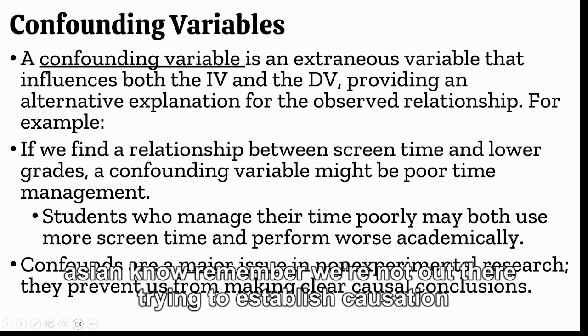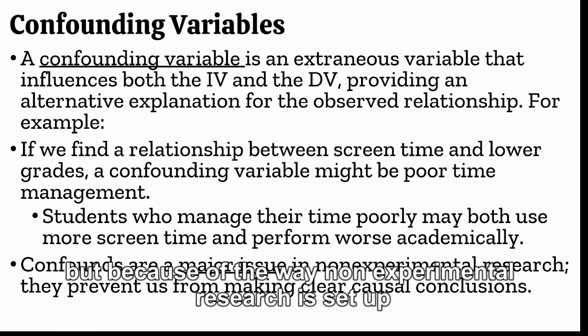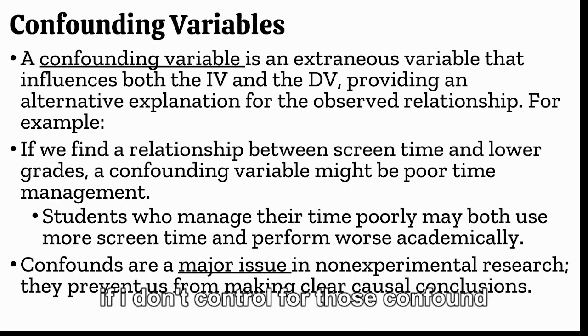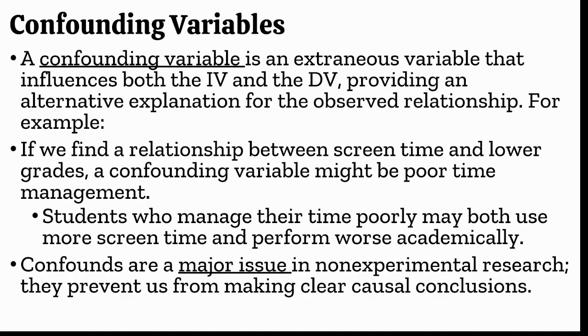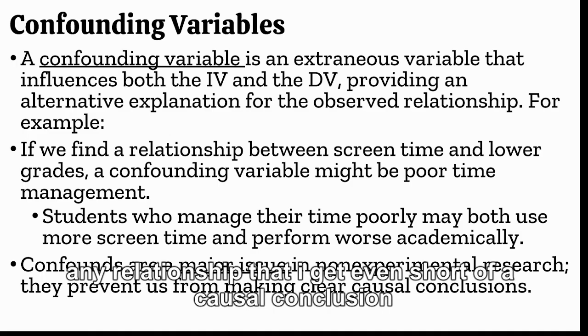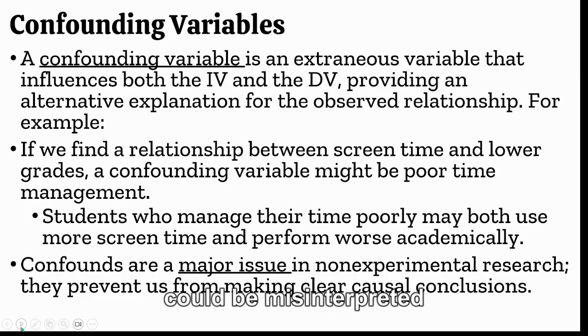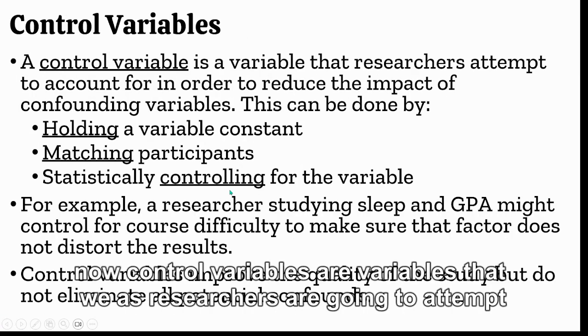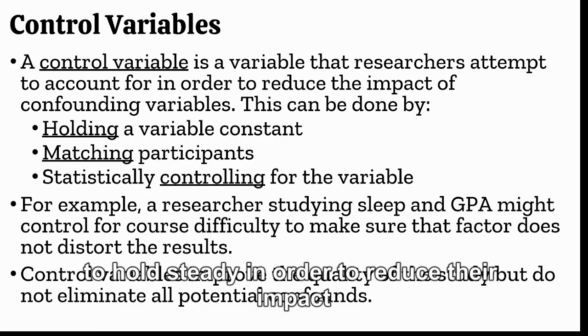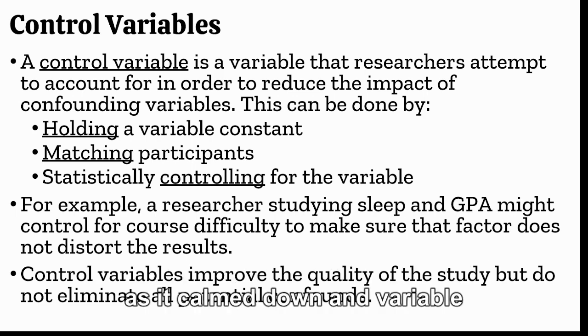And remember, we're not out there trying to establish causation, but because of the way non-experimental research is set up, if I don't control for those confounds, any relationship that I get, even short of a causal conclusion, could be misinterpreted. Now, control variables are variables that we as researchers are going to attempt to hold steady in order to reduce their impact as a confounding variable.